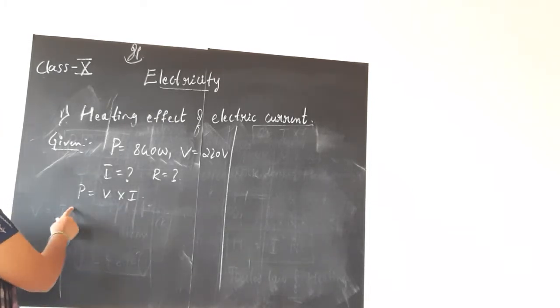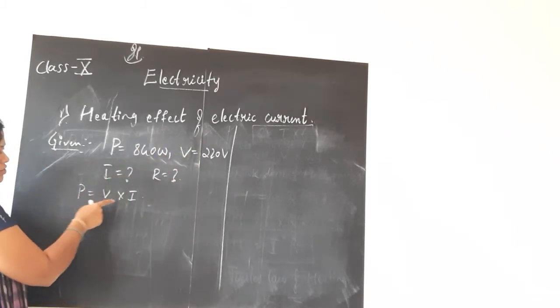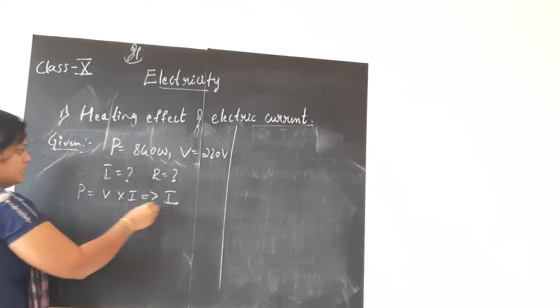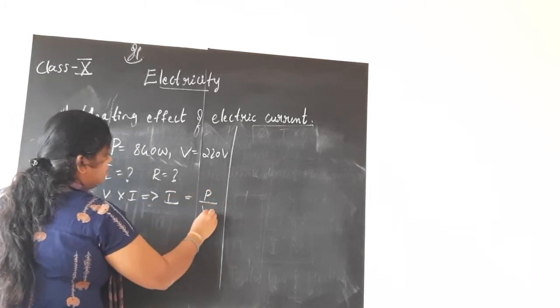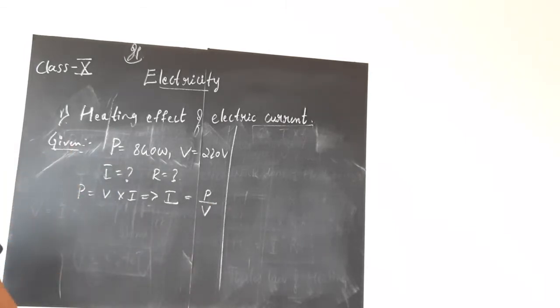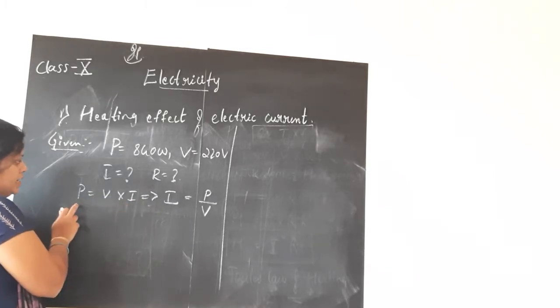So first case: P is equal to V into I. We know what P is, what V is. Using this we can easily find I. This formula implies I is equal to P divided by V. Just now we learned the formula for power is the product of V into I. I is there, P is on the LHS.